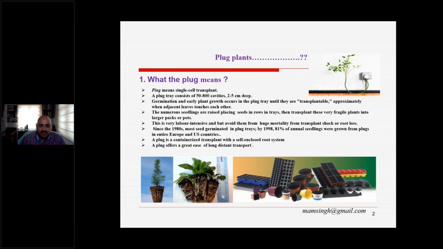When a plant is prepared either by seed or by a plant part that has the capacity to regenerate roots, germination or rooting takes place, and the sprouting of new shoots and new leaves takes place. After sufficient establishment, say around 2 to 3 weeks, this plant becomes transplantable.